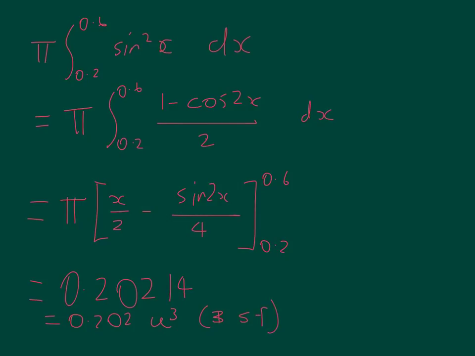And it has just occurred to me that on my previous slide I've actually made an error. The error is that I have not multiplied the whole thing by pi.